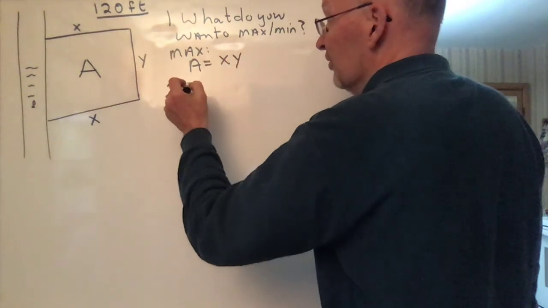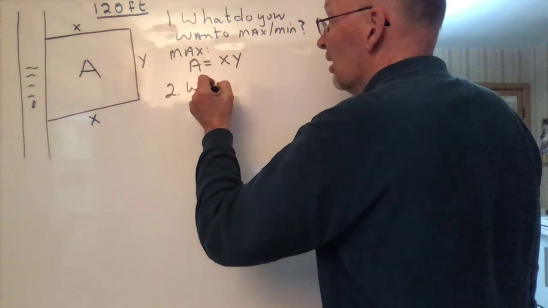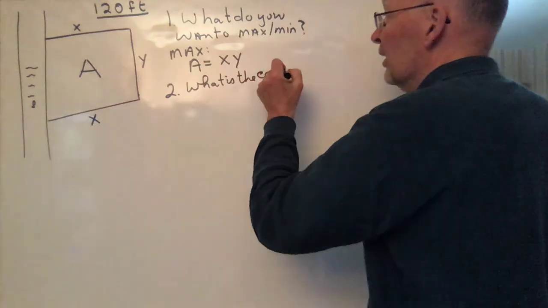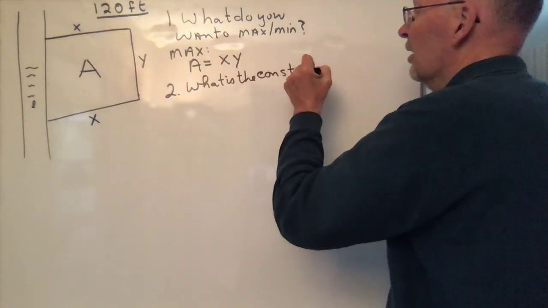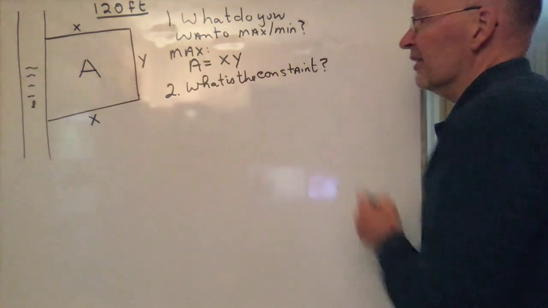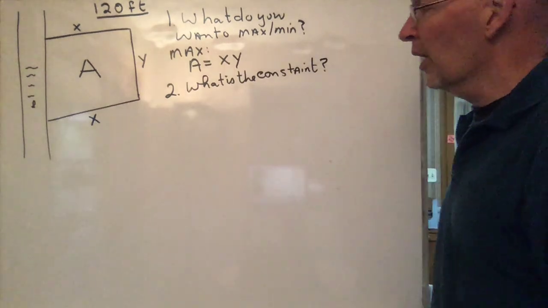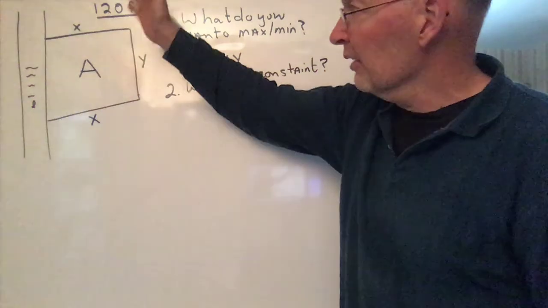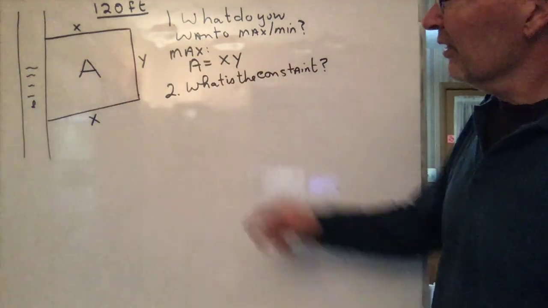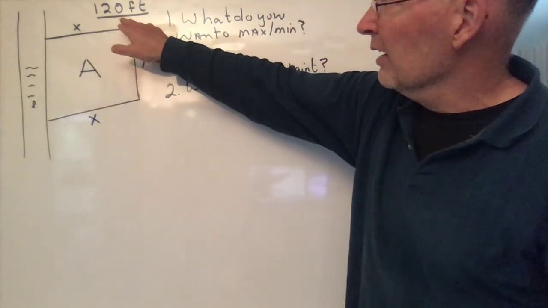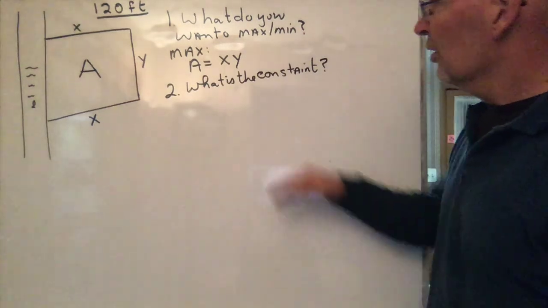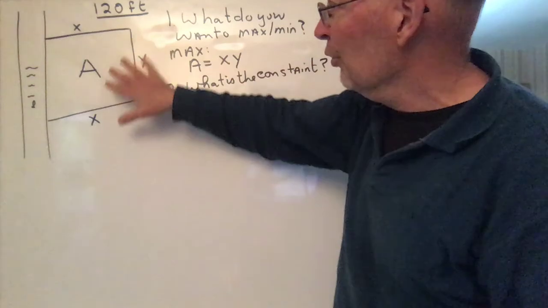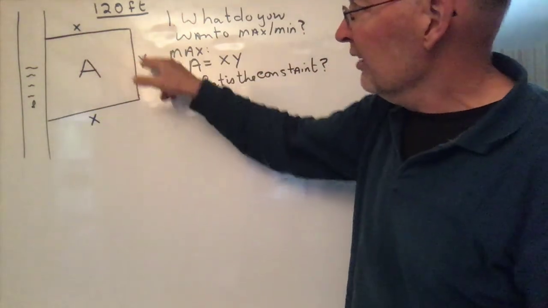The second thing is, what is the constraint? What is it that keeps X and Y from being just as big as they want to be? This could go off to 50,000, and this could go to 100,000, whatever else. And obviously the constraint is that in this case we've got 120 feet of fence. So in answering that question, you're going to be coming up with some sort of an equation which relates these variables.